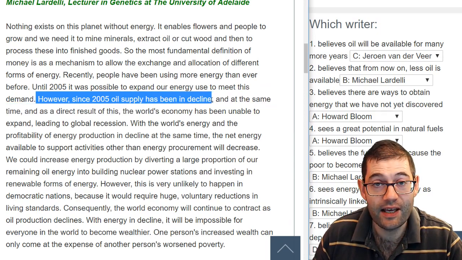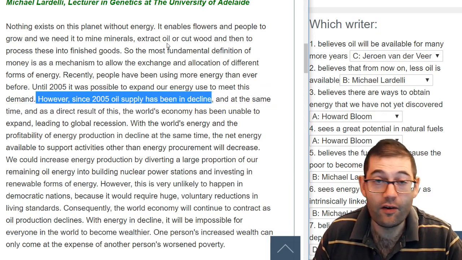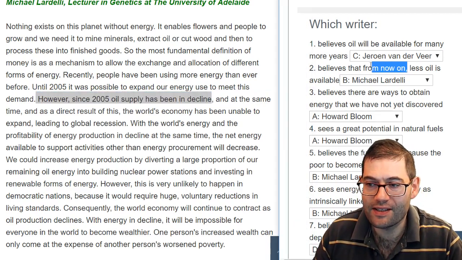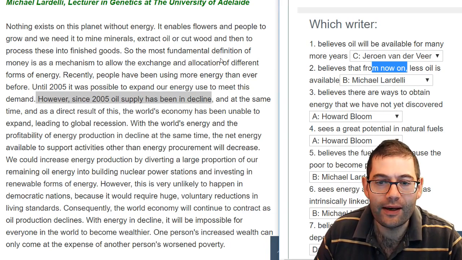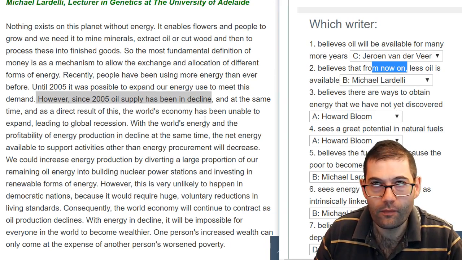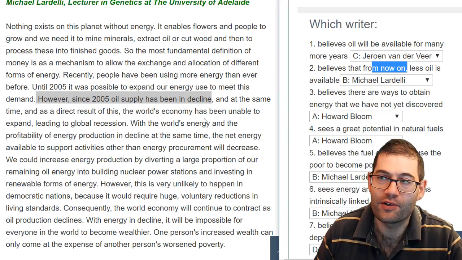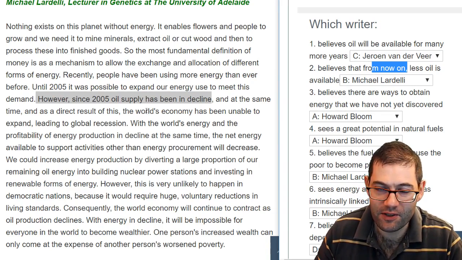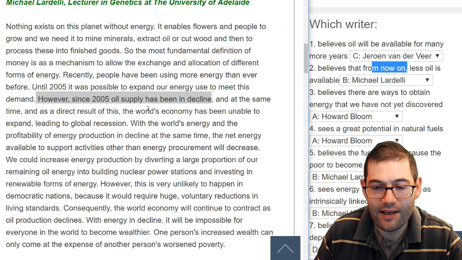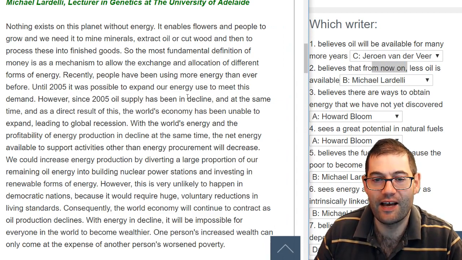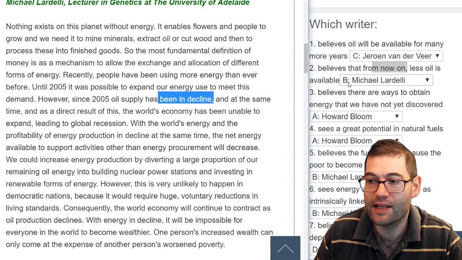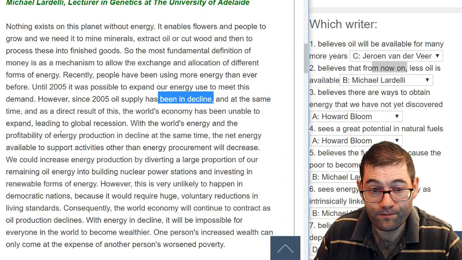Now, obviously, we're in 2019 now, so your understanding of now might be questionable, but let's just say, for the sake of argument, that this question was written at some point in the past. So this is our answer: has been in decline. And of course, if something is in decline, it means that less of it is available.